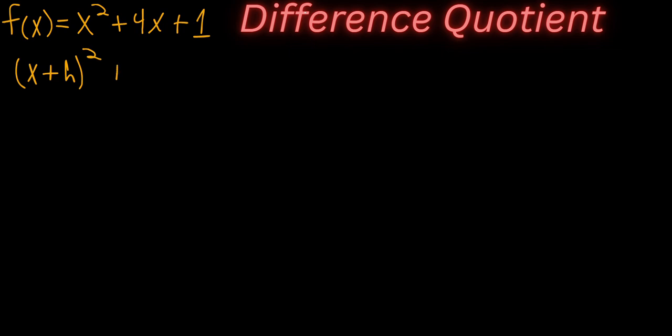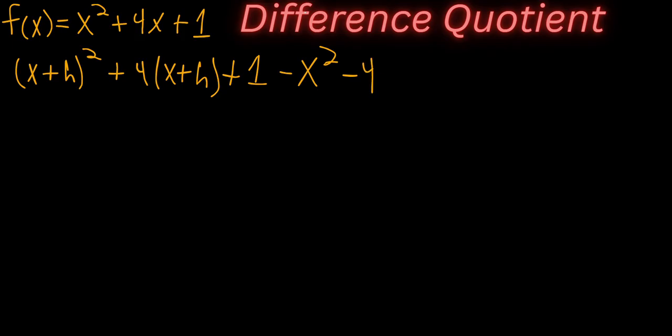So we square it there, plus 4 times x plus h plus 1, minus f of x, so this whole expression. And now I'm capable of just distributing it, so let's say minus x squared minus 4x minus 1, to save us a step of the parentheses.